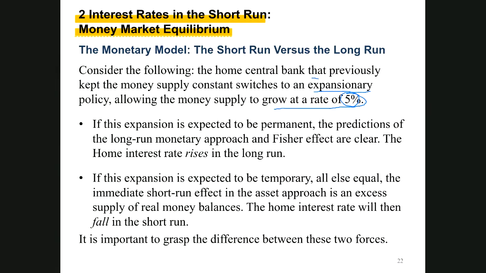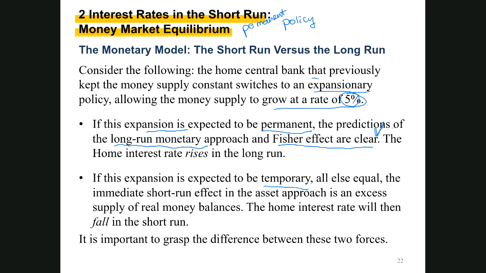So this slide tells us about the permanent policy and the temporary policy, and the differences between them. What are their differences? Take a look at the definition. Expansion is expected to be permanent. The prediction of the long-run monetary approach and the future effect are clear.